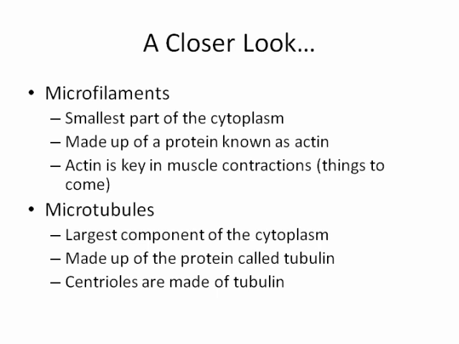So when we talk about microfilaments and microtubules, micro because they're both very small, right? But microfilaments are by far the thinnest diameter-wise of our cytoskeleton, and microtubules have the widest or the largest diameter out of all the components of the cytoskeleton.